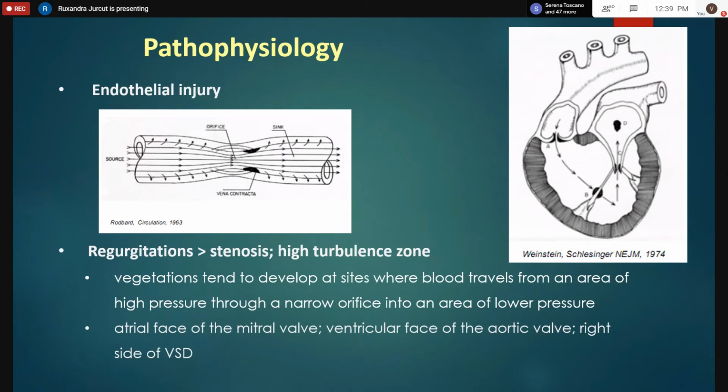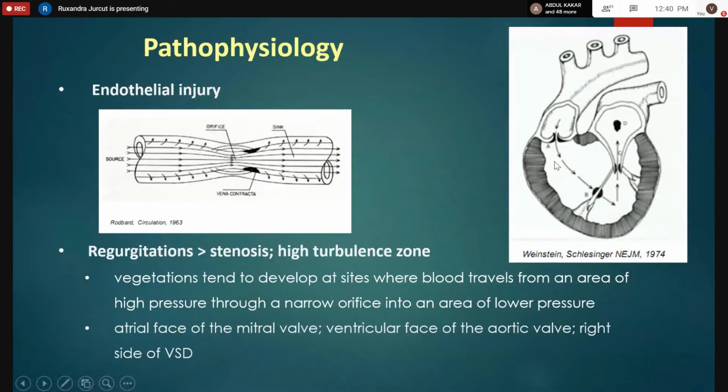Vegetations also tend to develop where the blood goes from a very high pressure area through an orifice into a lower pressure area. This is the case on the mitral valve. We usually have the vegetations on the atrial surface of the mitral valve, and on the aortic valve, you could have the vegetations more often on the ventricular side of the valve.